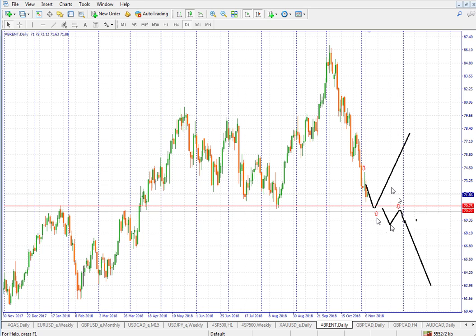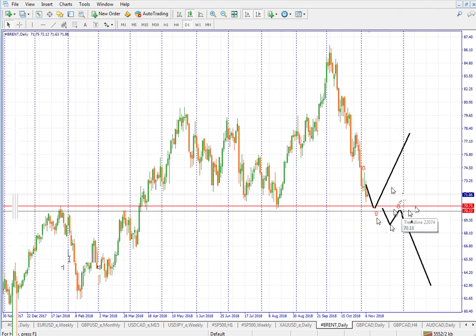We are looking at the zone 70.75, 70.22 as a good buy place or a good sell place should the price break out below it.